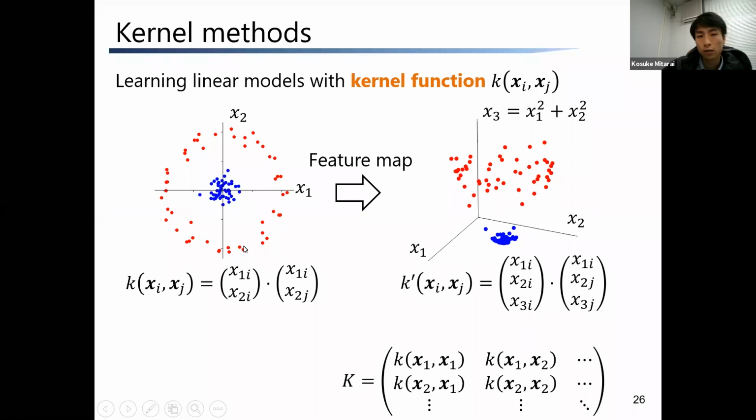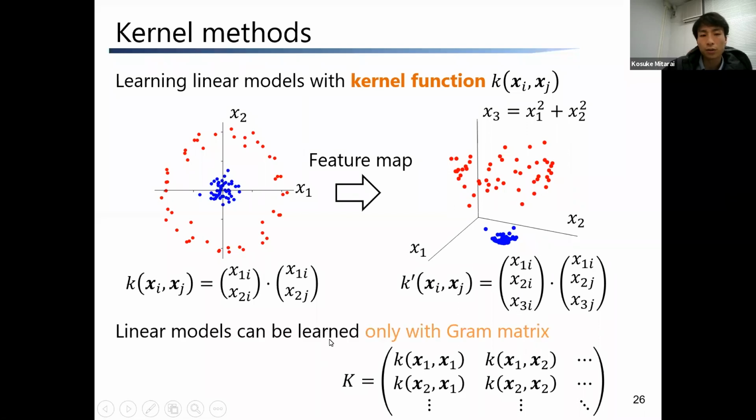In this example, the Kernel function in the original data is something like this, and the Kernel function in the transformed feature space data set is defined like this.